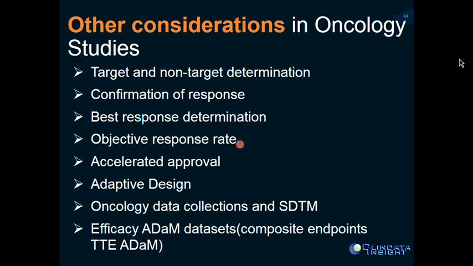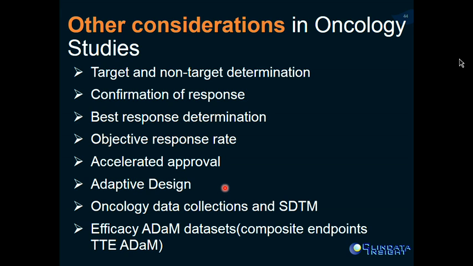Usually this analysis is done in phase 1 and phase 2 studies, and sometimes it could be critical for an oncology drug to become a breakthrough therapy. So this becomes very important, but we didn't cover it in our presentation today. And nowadays, adaptive design for oncology studies is very popular.